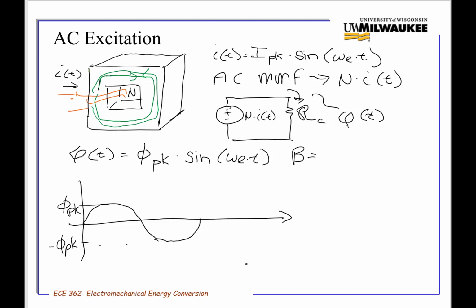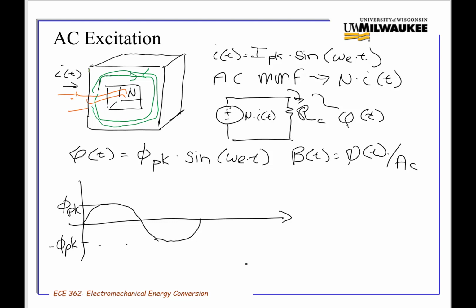So we can have a B of t being equal to the time varying flux divided by the area of the core. Okay, so you've got the flux divided by the area of the core.